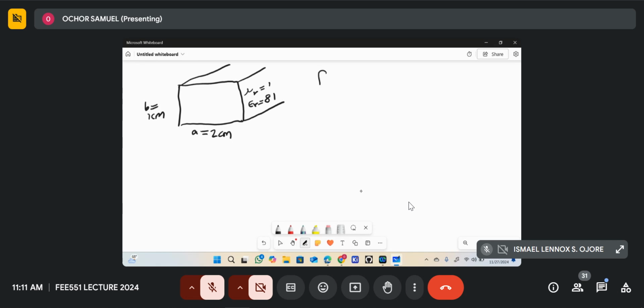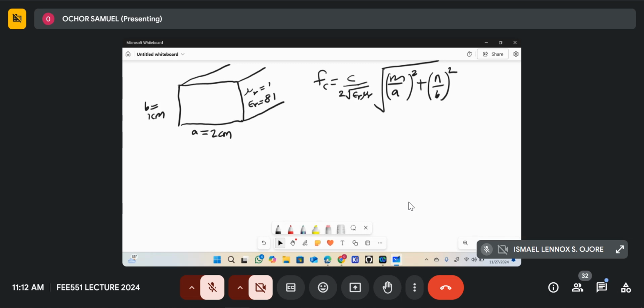So we have the general formula for cutoff frequency as c over 2 into the square root of epsilon r mu r, times the square root of m over a squared plus n over b squared.